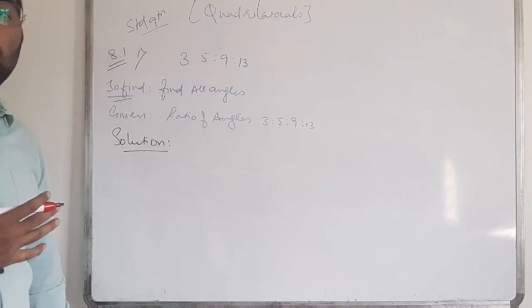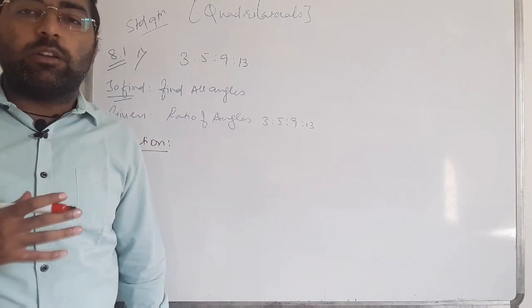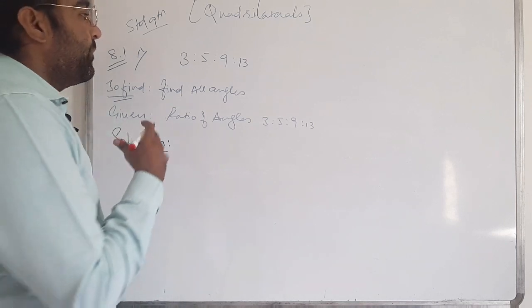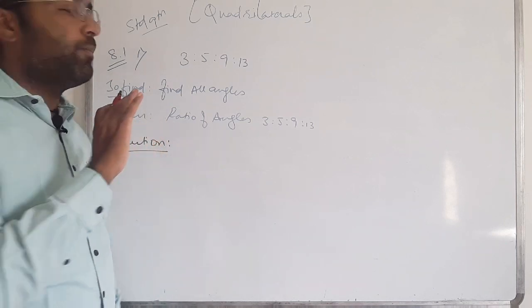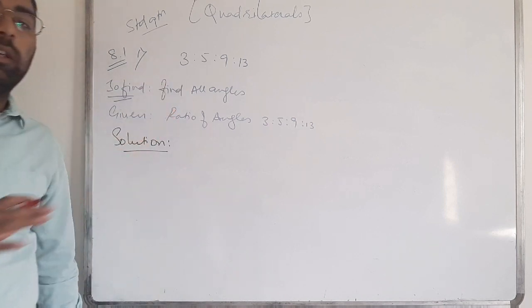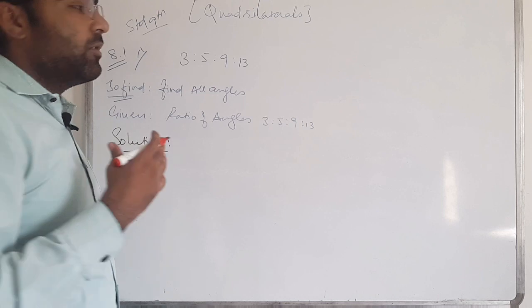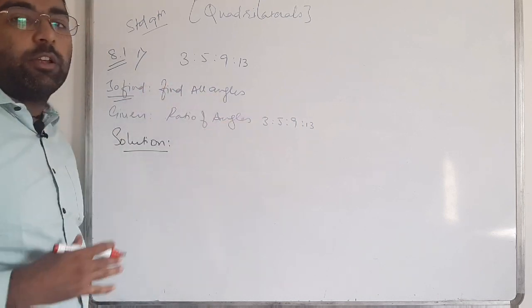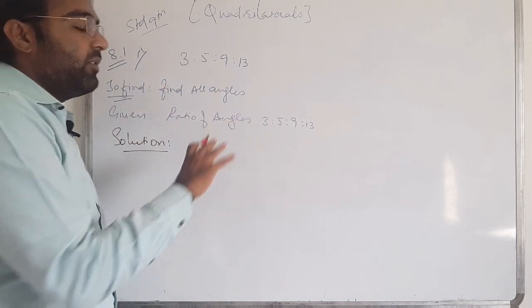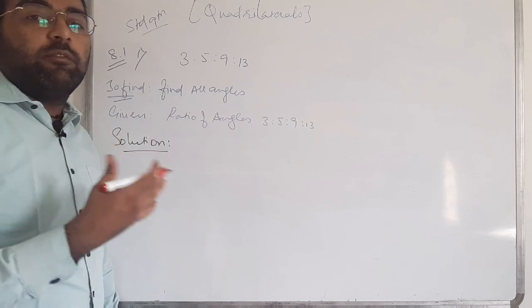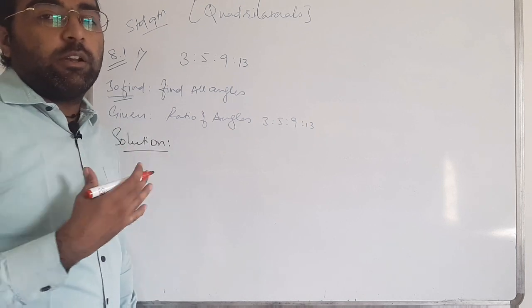Whenever angles are given in a ratio, we first have to find the numerical measurements of the angles. To take them out from the ratio, we must multiply by a constant value.